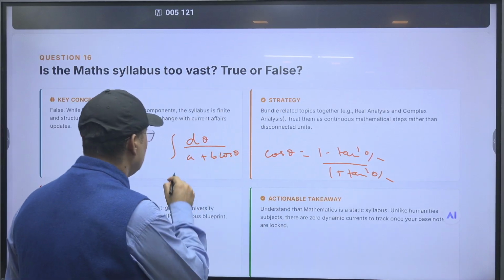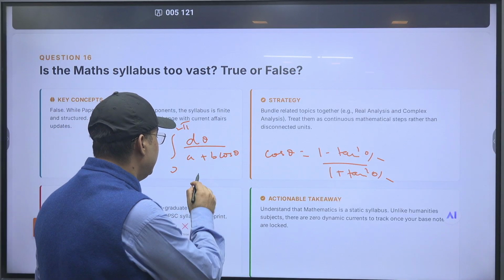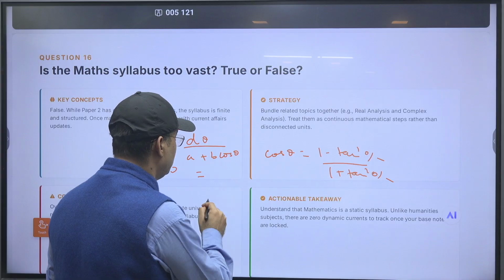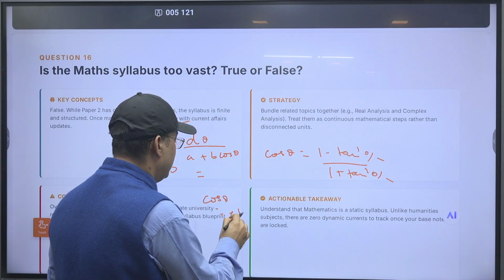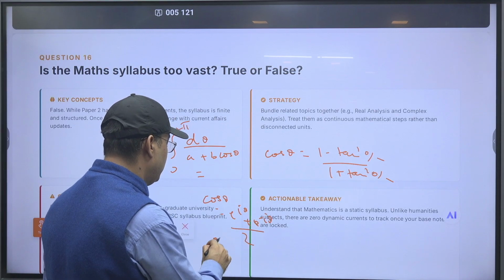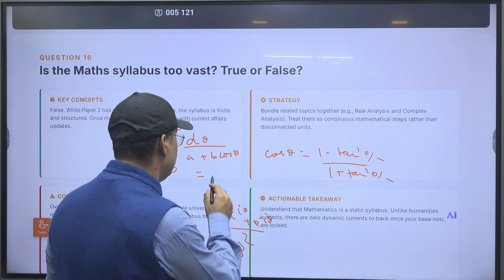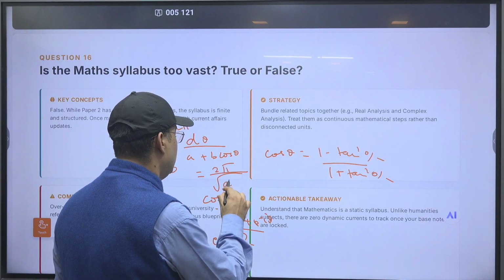If I do the same question in contour integration, I convert it into polar form, that is e to the power i theta plus e to the power minus i theta by 2, and I put e to the power i theta equal to z over the contour. I also know the answer, that it is 2 pi over the square root of a square minus b square.